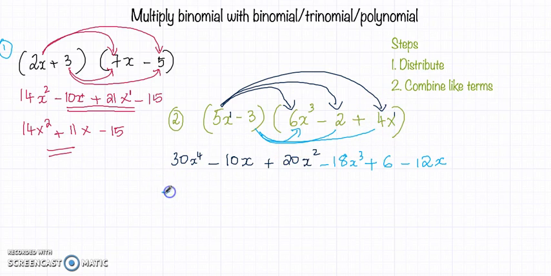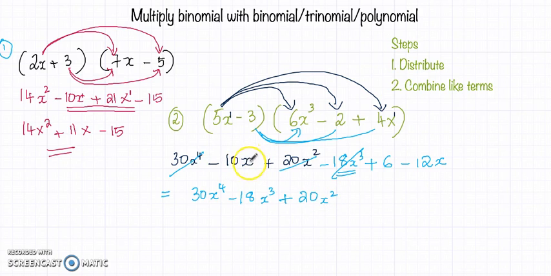Now when you write the answer here, you have to always remember to put the highest degree first. Go with x to the fourth. There are no other x to the fourths here, so leave your answer as 30x to the fourth. That's done. The next degree is the cube, the third degree. There is no other third degree here, so just write it as negative 18x cubed. That's out of the question. Now next you have x squared term. There's no other x squared term, so that's also gone. 20x squared.